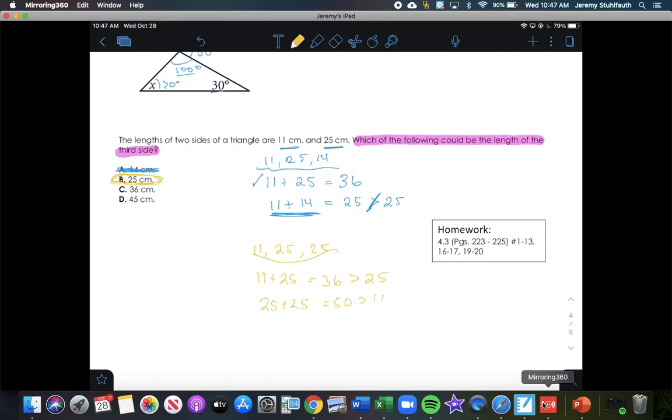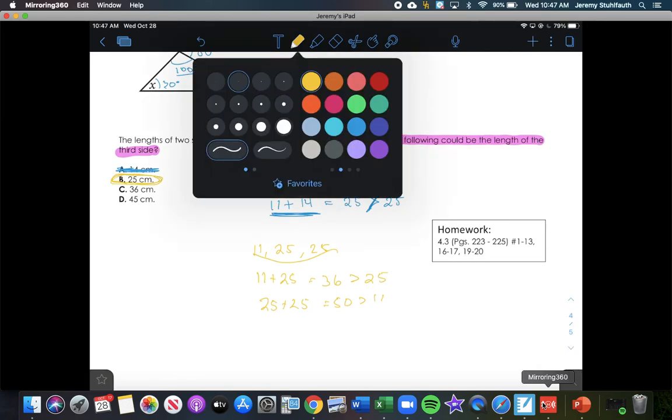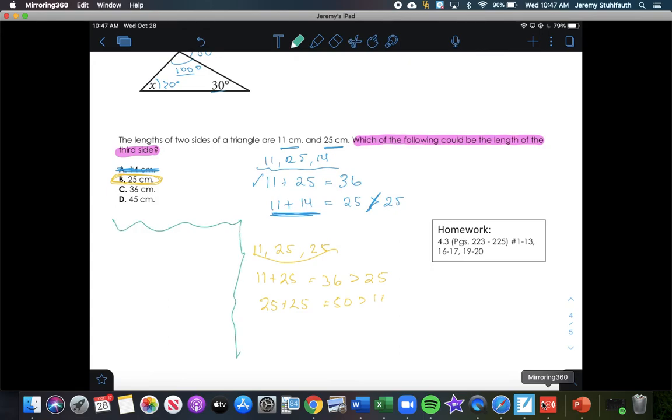Now, let's take a look. Let's make sure you understand everything. If we had the sides 11, 25, and 36, if you take 11 and add 25, that equals 36. 36 is not greater than 36. It is equal to 36. So, because these two sides added together are not bigger than the third side, that cannot be a solution.